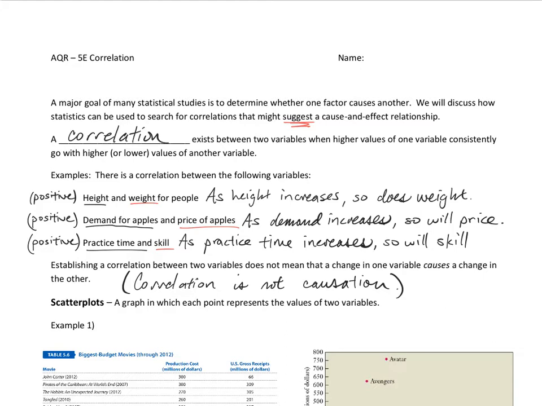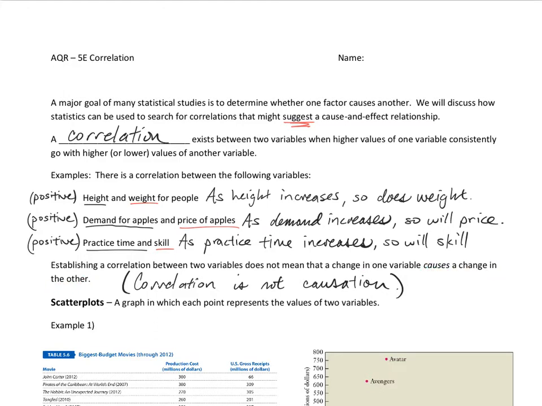A negative correlation is when one of the variables increases while the other decreases. So they are not moving in the same direction. One's going up, one's going down. Establishing a correlation between two variables does not mean that a change in one of the variables causes a change in the other.